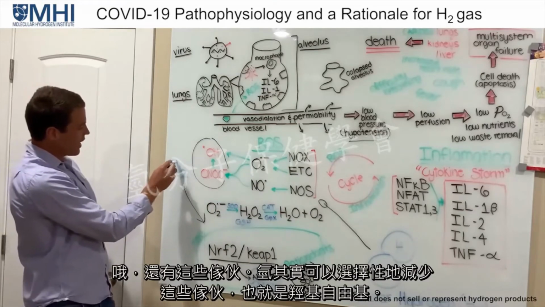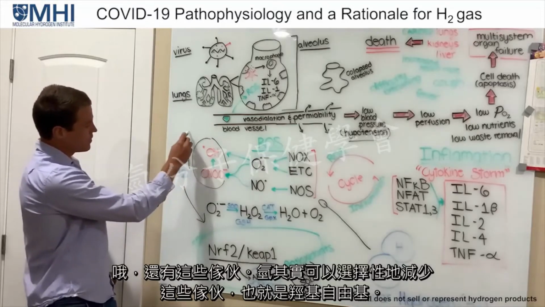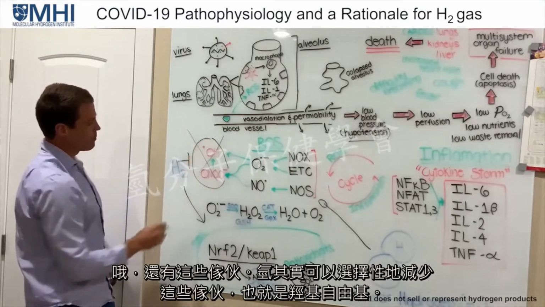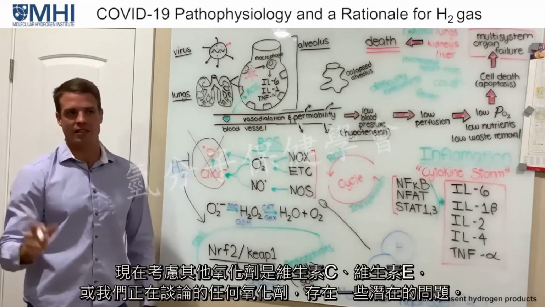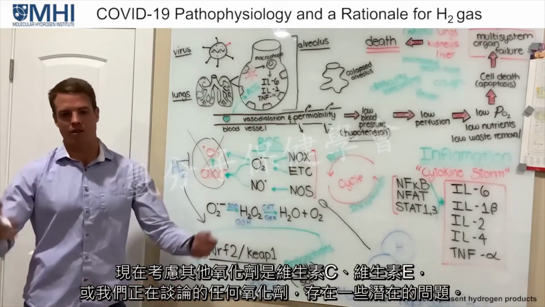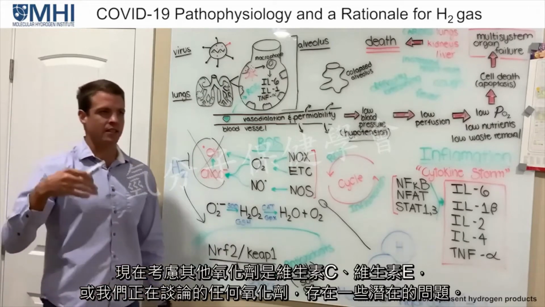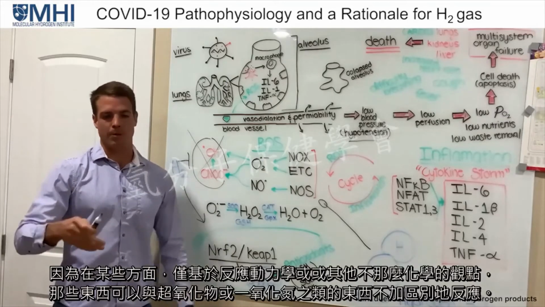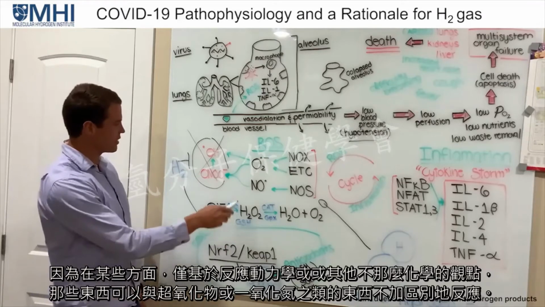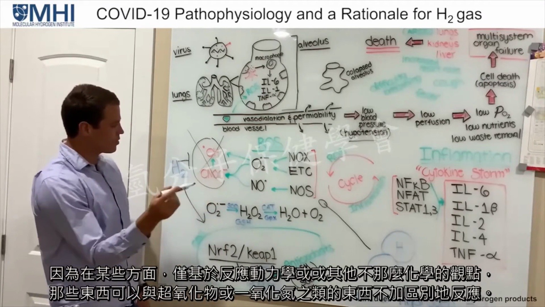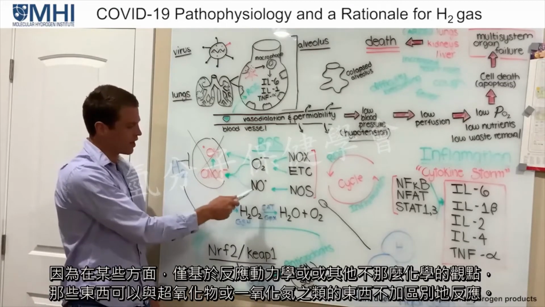So hydrogen actually can selectively reduce these guys, the hydroxyl radical and the peroxynitrite. Okay. Now consider other antioxidants, say vitamin C or vitamin E or whichever ones we're talking about. There are some potential problems because, based upon reaction kinetics or different things, those can react indiscriminately with things like superoxide or nitric oxide.